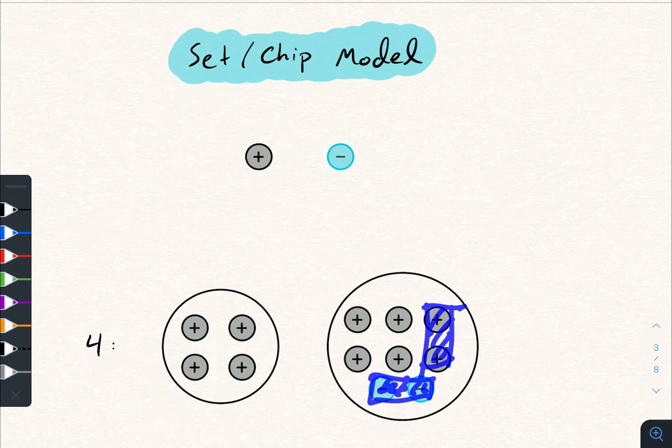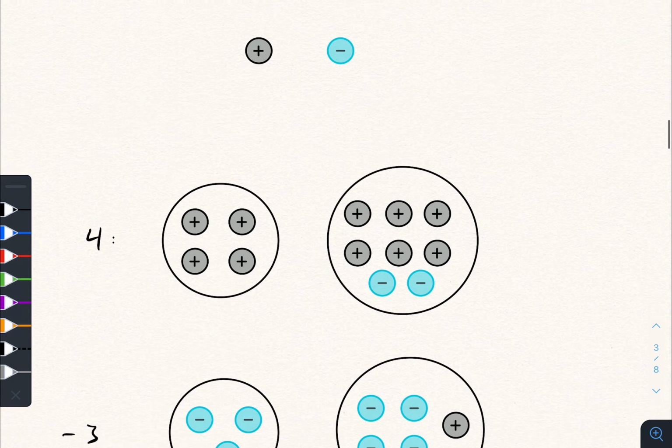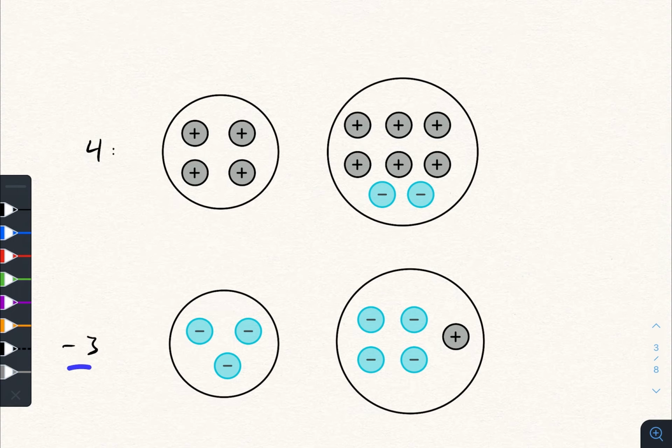And after they cancel, you're just left with 4 positive chips. The number -3 can be represented similarly with 3 negative chips, or you could represent it with, say, 4 negative chips and 1 positive chip. You would have this canceling pair right here, and then you can see the equivalence between these two.